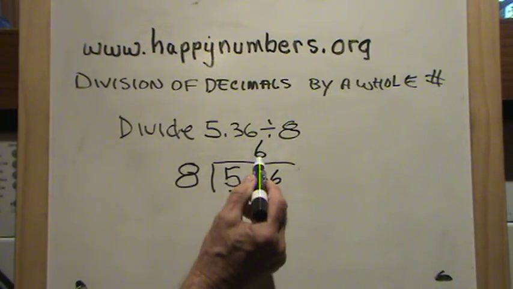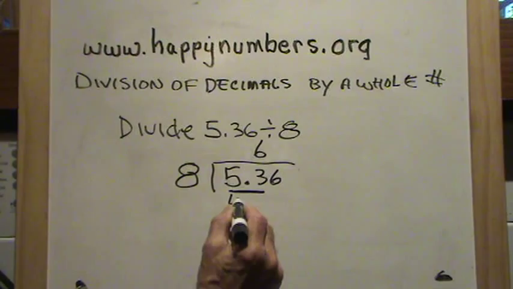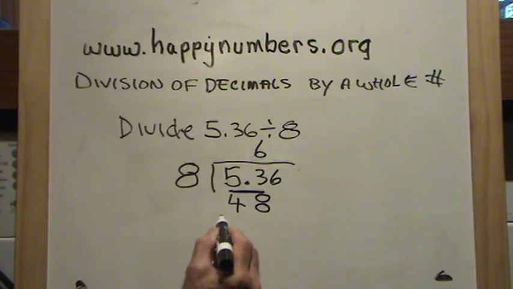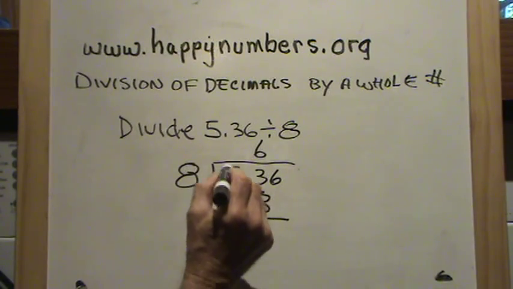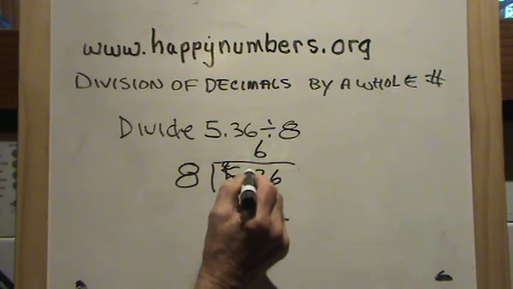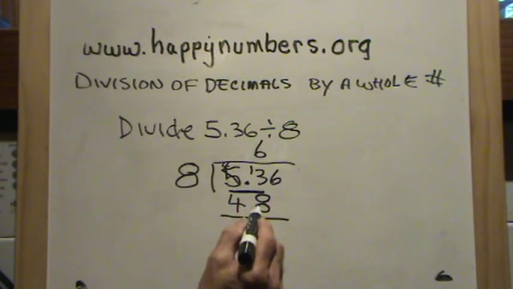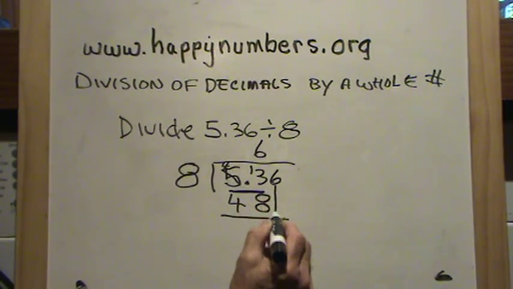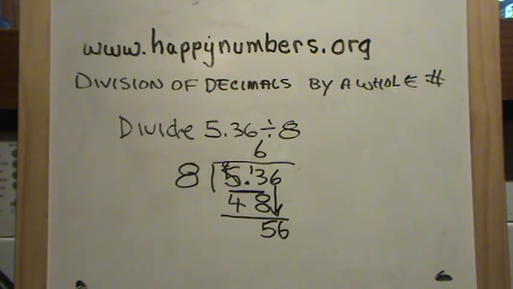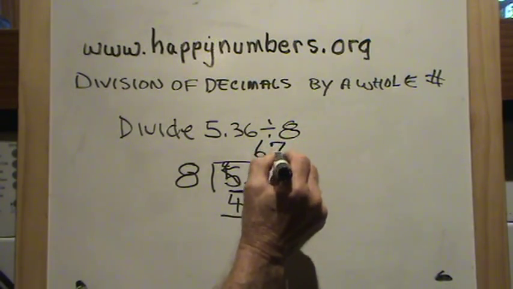Now we multiply. 6 times 8 is 48. We subtract. We have to borrow here and make this a 4 and make this 13. 13 take away 8 is 5. We bring down our 6, and now we divide again. 8 goes into 56 7 times.